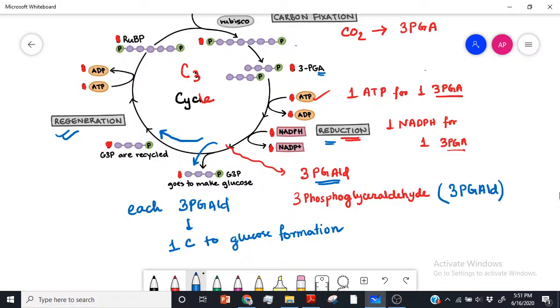In that regeneration process, what happens? So over here, another PGALD goes, and along with that the rest two carbons over here also go there.